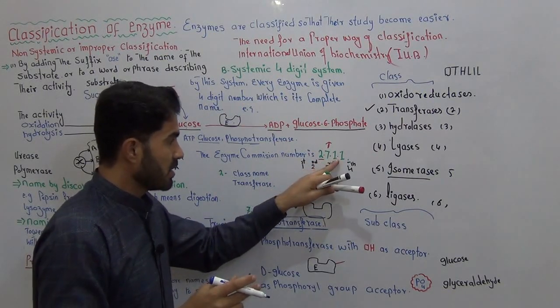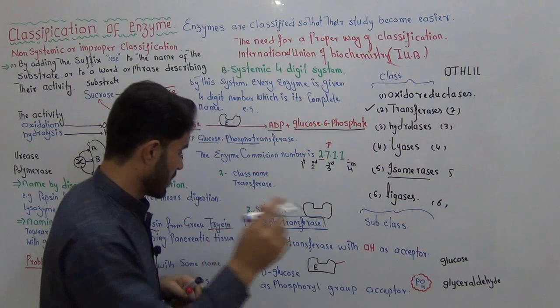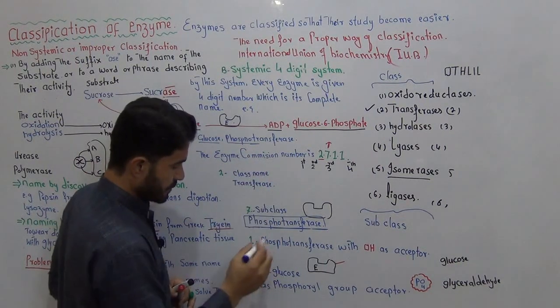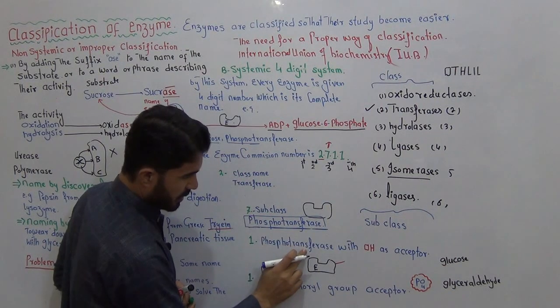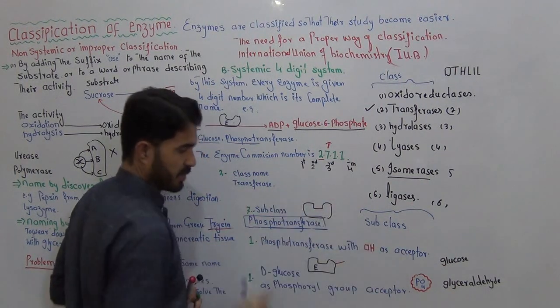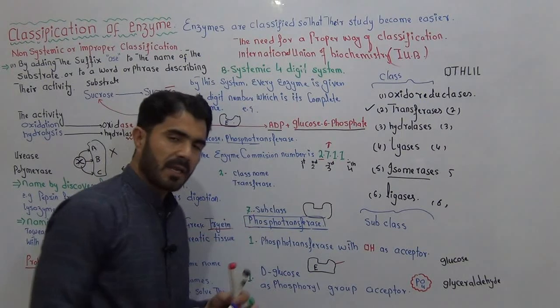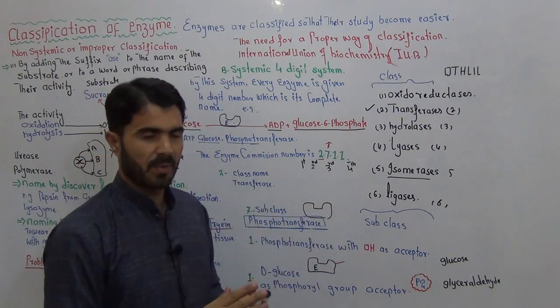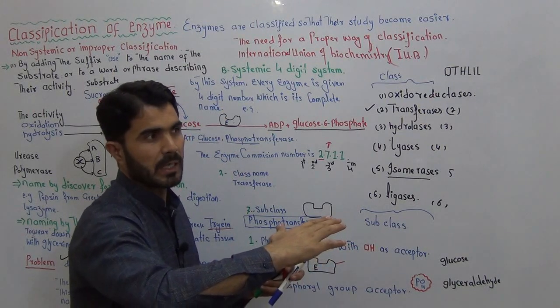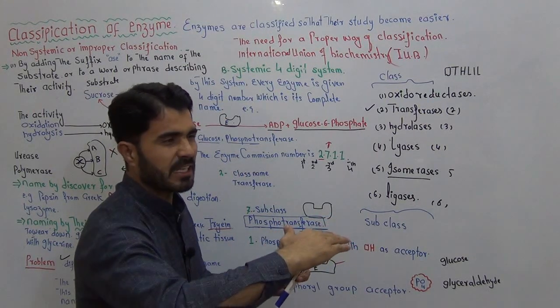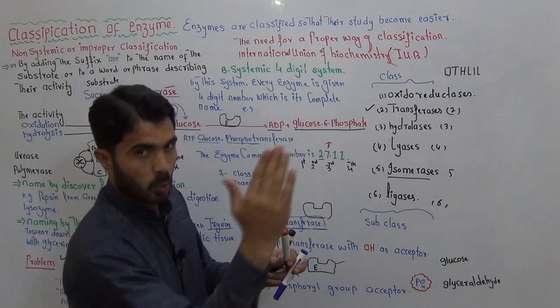And now the third digit tells us what? The third digit tells us, and this is the third digit, 1: phosphotransferase with OH as acceptor. The third digit tells us that, okay, you have the enzyme, and this enzyme is involving the transfer of a phosphate group.